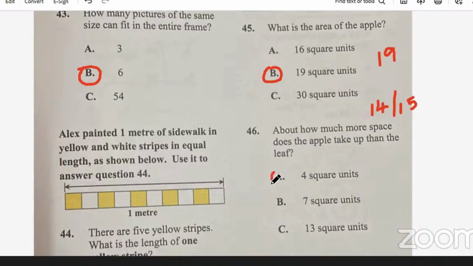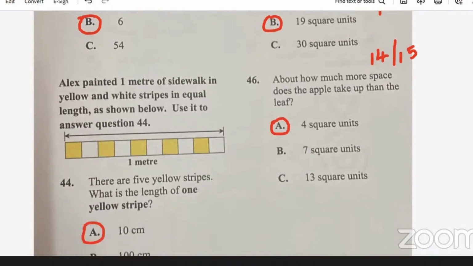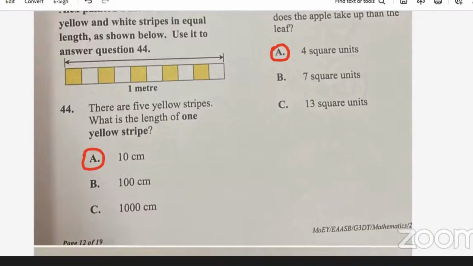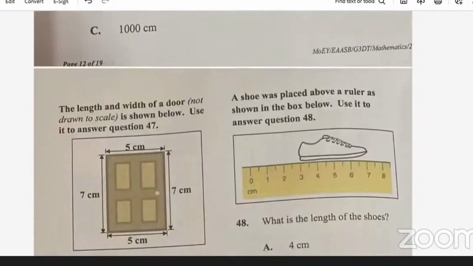So the closest answer here would be A, 4 square units, right? So that would be the best estimate. I'm trying to answer based on how you would try to do it yourselves, as students.